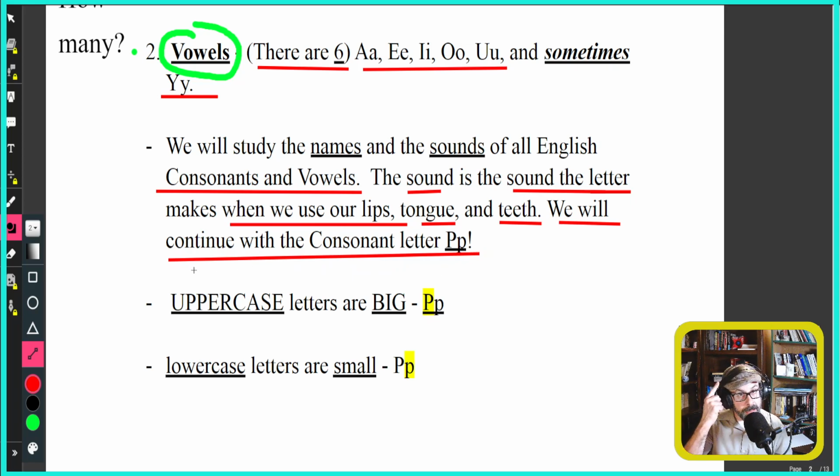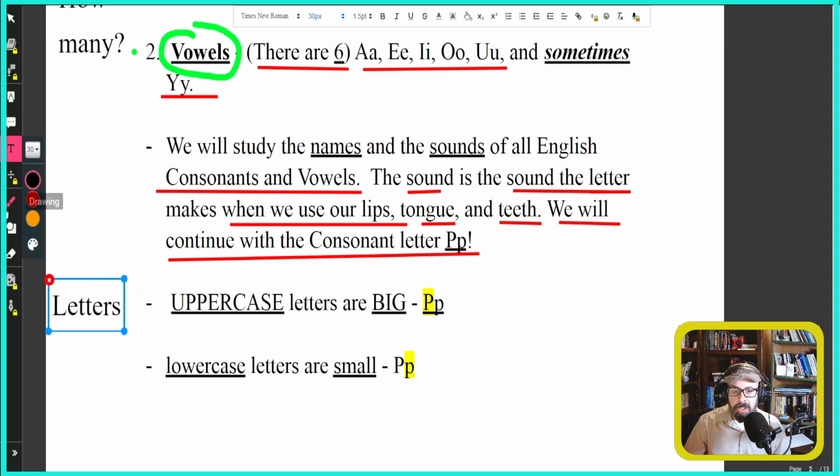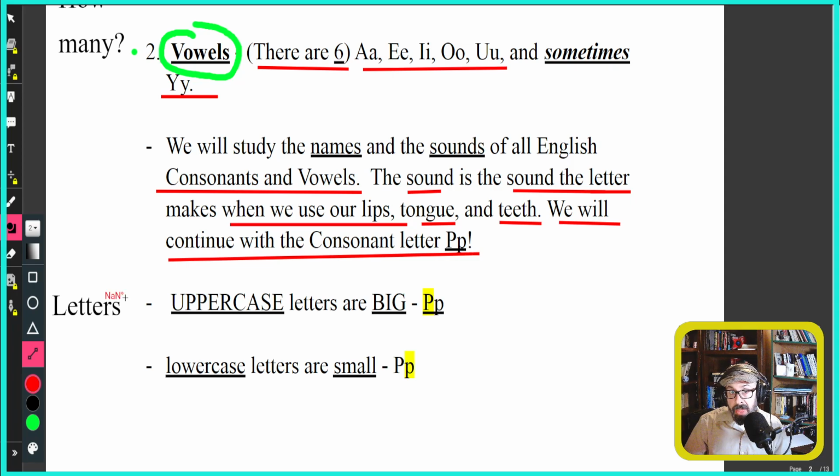Okay, now remember, also, when we talk about letters, remember that you can write the letter 2 ways. You can write a letter uppercase, or you can write a letter lowercase, uppercase and lowercase, okay?